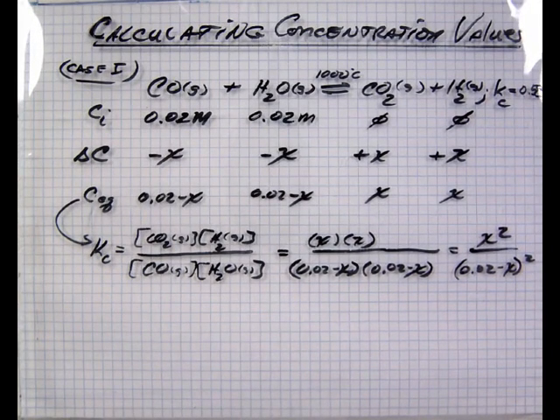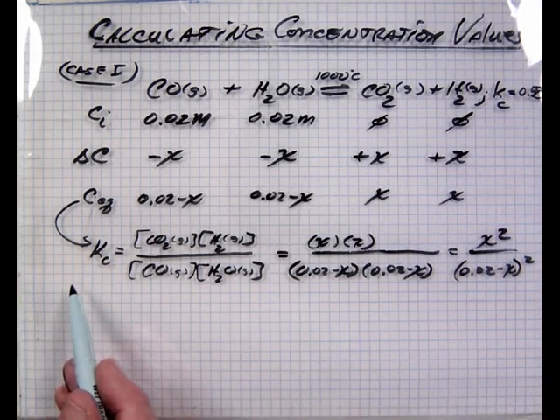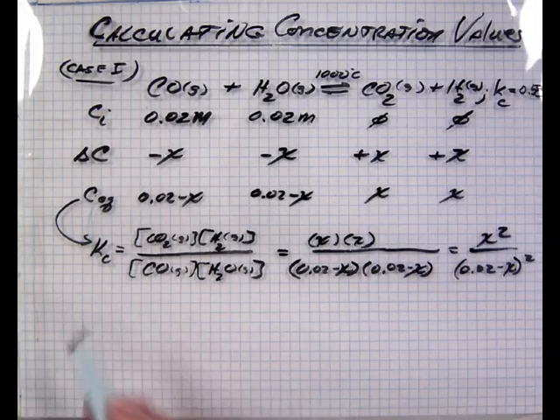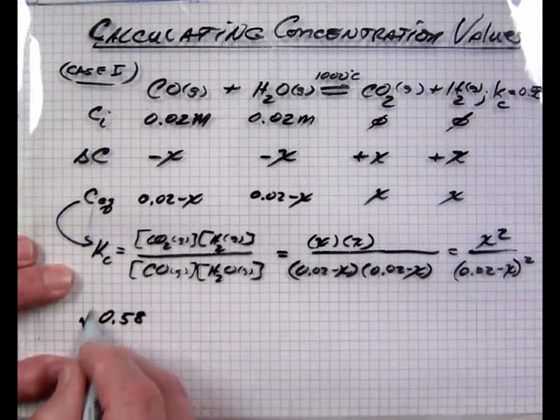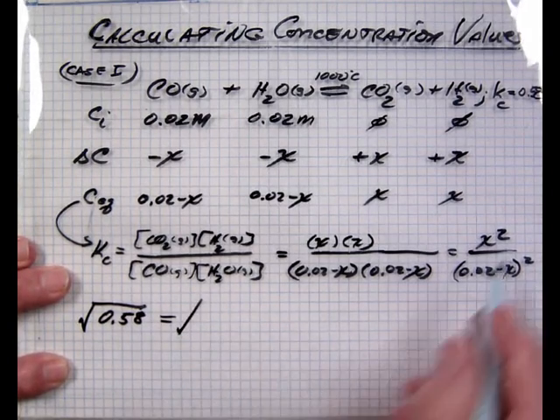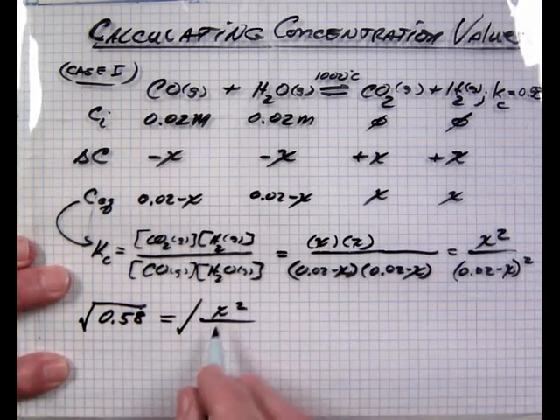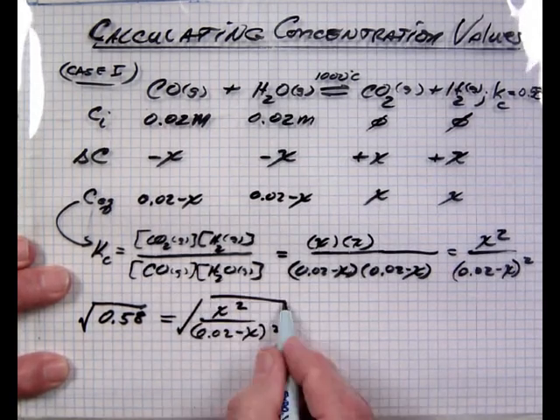Solve for x. Take the square root of the last term and Kc. So I'm going to pick up this Kc value, 0.58, in the square root, and the square root of x squared over 0.02 minus x squared, like that.